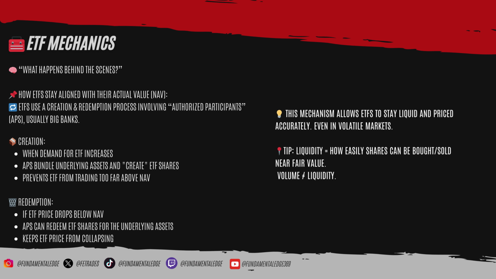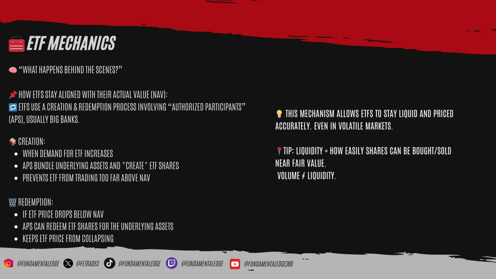Now that we've talked about what ETFs are, let's look behind the curtain at how they function. One of the reasons ETFs are so liquid and efficient is because of something called the creation and redemption process, powered by large financial institutions called authorized participants, or APs. Here's how it works. When demand for an ETF goes up, APs step in and bundle together the underlying assets, like the 500 stocks in SPY, and create new ETF shares.